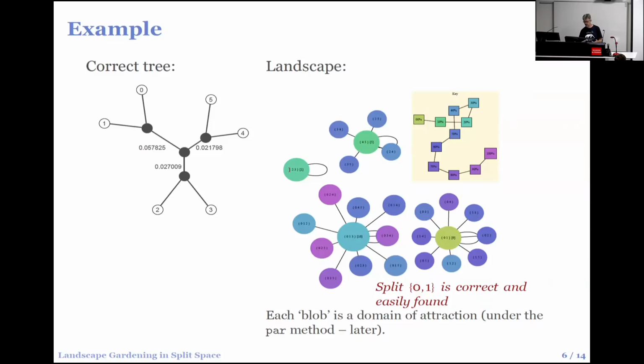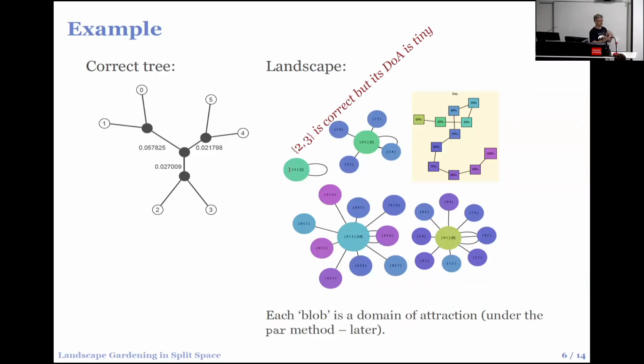Split 01 is correct, it's easily found, and it actually has the best score under this scheme. 2-3 is a branch of the tree, and much the same way as in Michael's talk, I'm defining the split by one half of it. It's in the tree, but it's a tiny domain of attraction. I'd be lucky to find it. And the last one, the 4-5 split, is also in the tree, with a moderate chance of finding it.